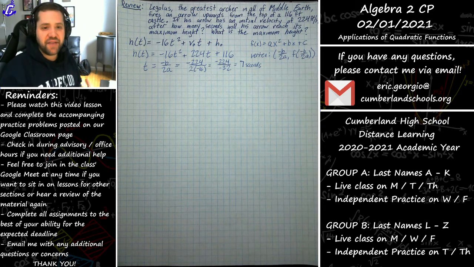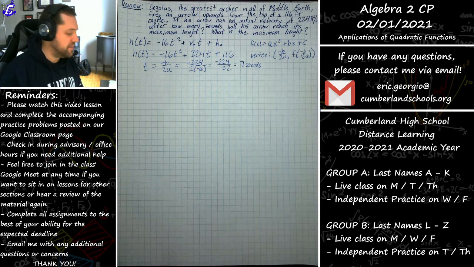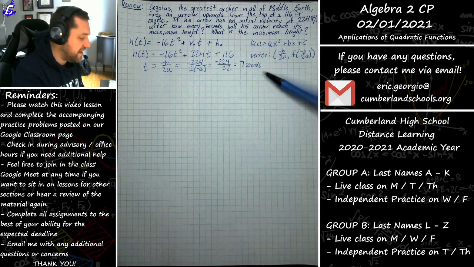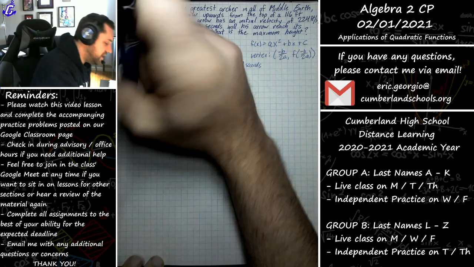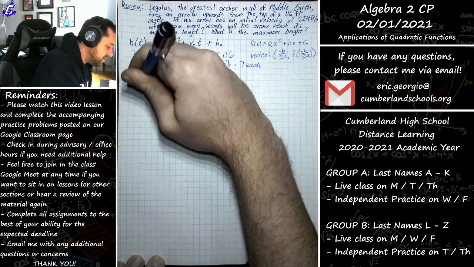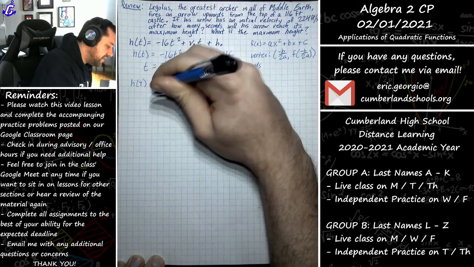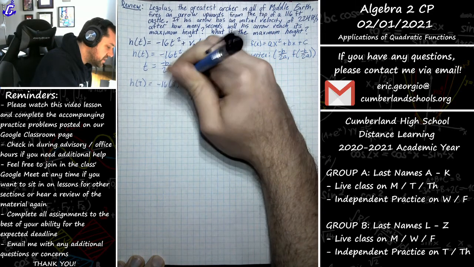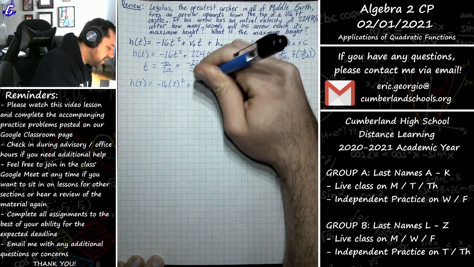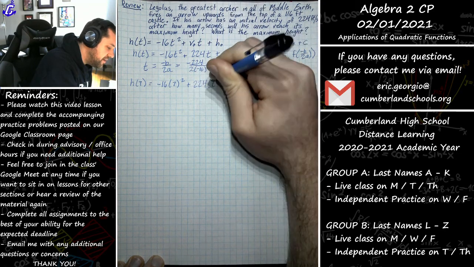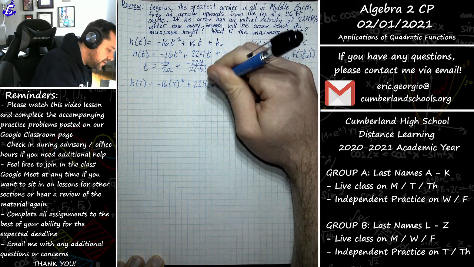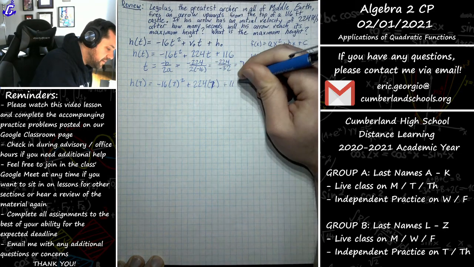What do I do with that 7 seconds to figure out what the maximum height actually is? Well, I'm going to take that 7, plug it into my function here, and we can say that the height after 7 seconds is negative 16 times 7 squared plus 224 times 7, oh, not times t, times 7, plus 116.